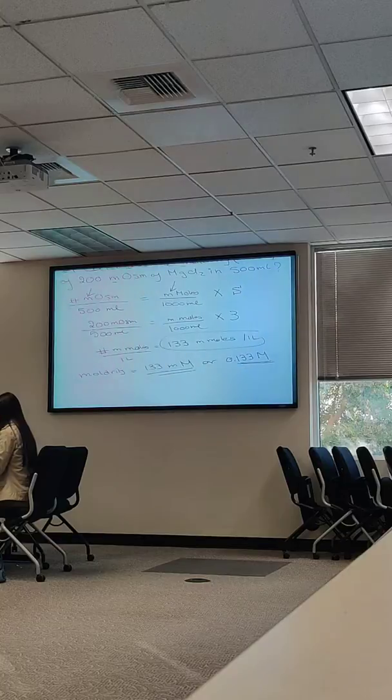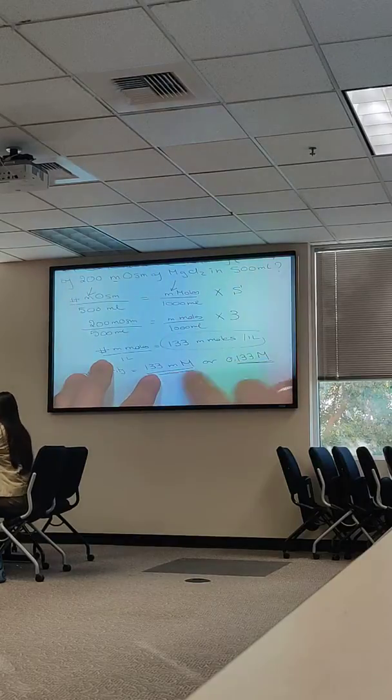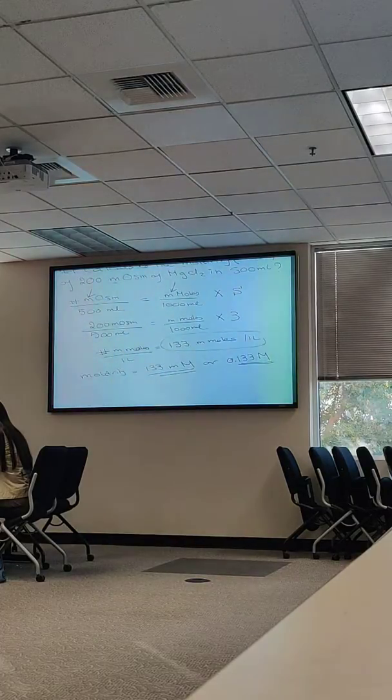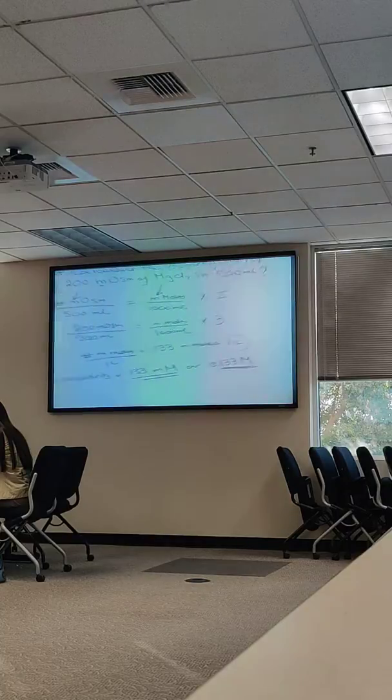Both are fine. If it's an open-ended question and I don't specify to you the units, whatever you put, if you use the right number with the right unit, that's fine. Sounds good? Or if it's a multiple choice, you have to do the conversion. Sounds good? Let's move on.